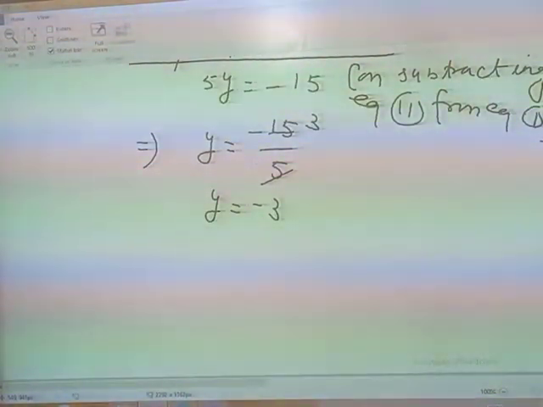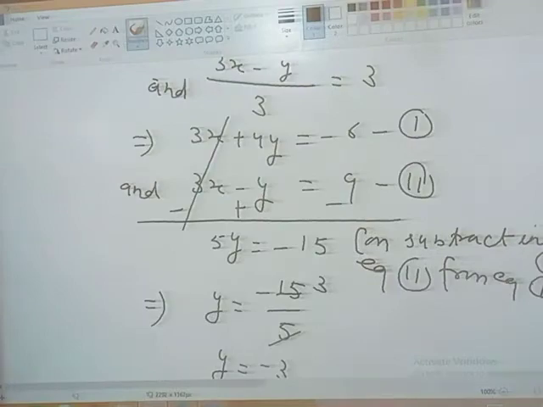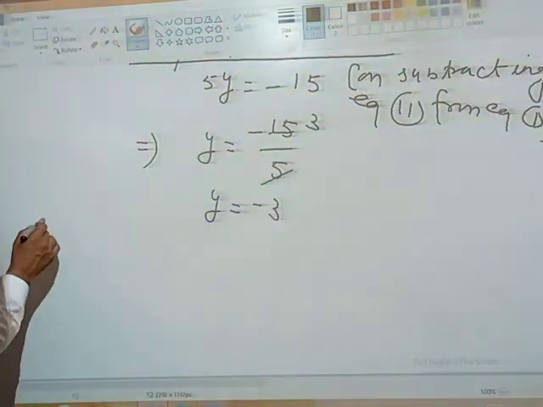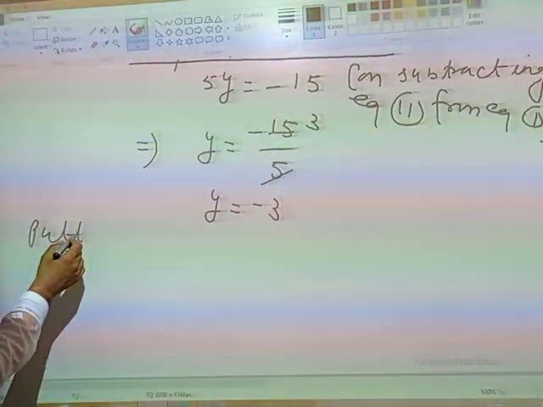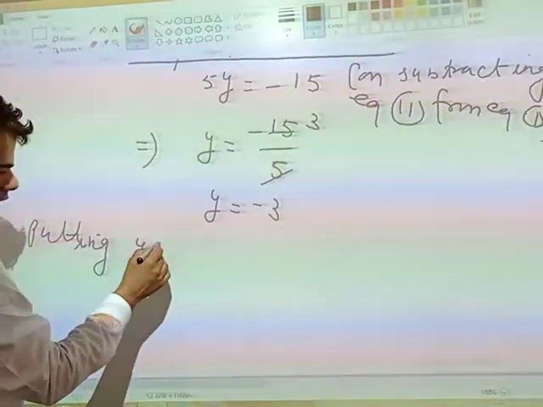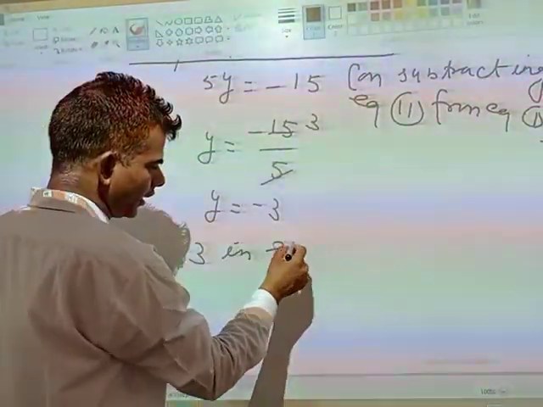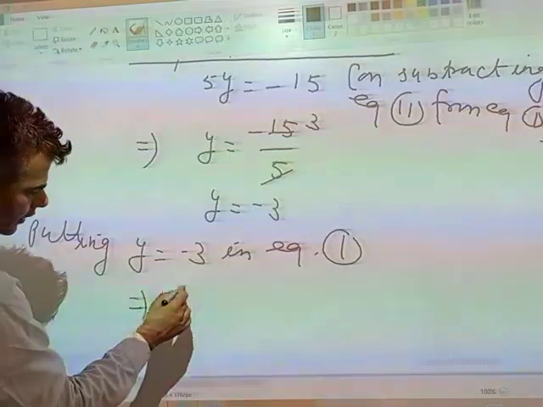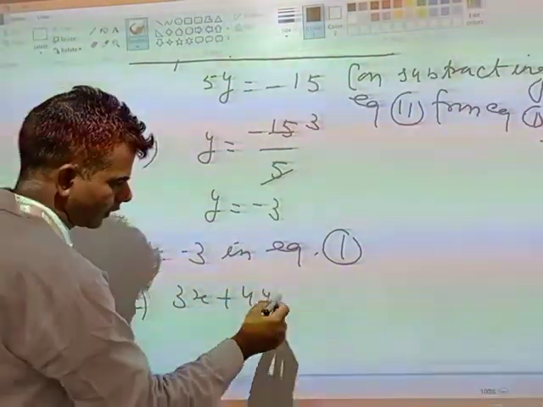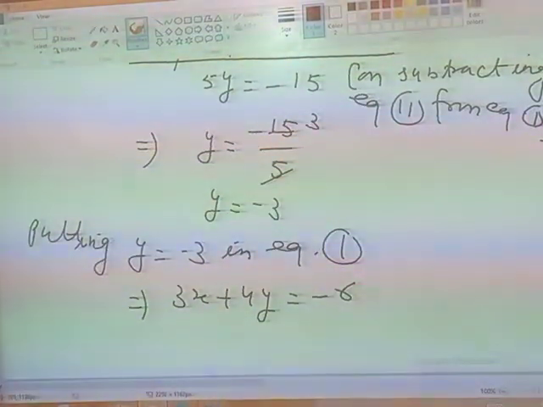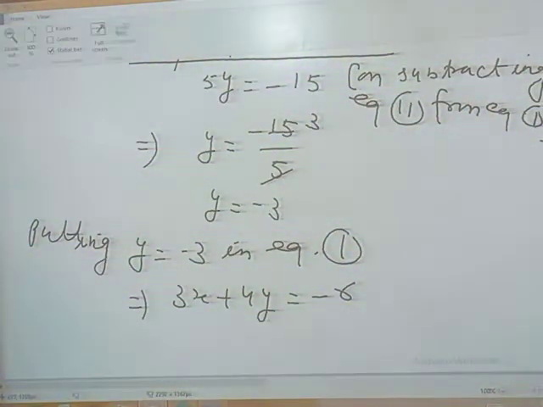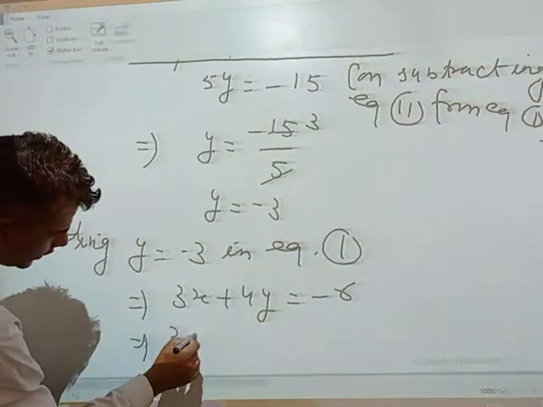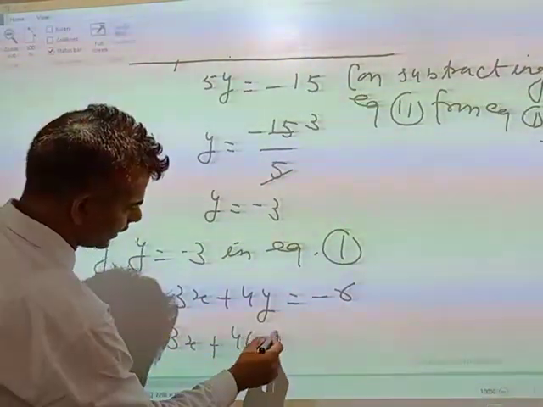Putting y is equal to minus 3 in equation first, and your equation first is 3x plus 4y is equal to minus 6. 3x replace y with minus 3, that is minus 6.